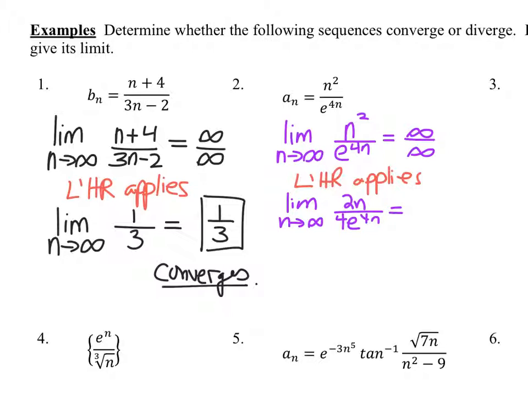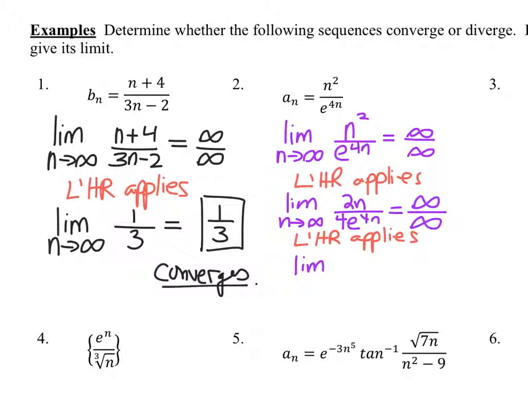So, good news, bad news. Bad news is, if I plug in infinity at this point, I still get infinity over infinity. The good news is, I can do something with that. It means L'Hopital's rule applies again.